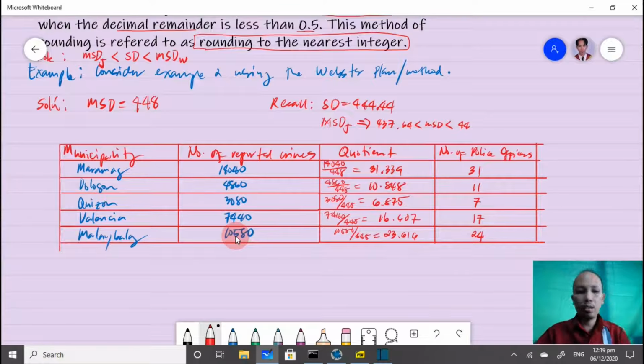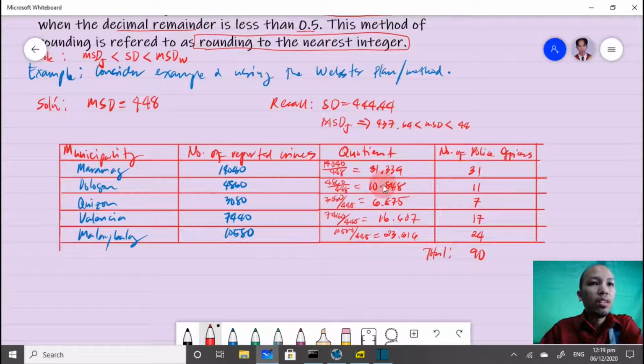Adding that up, we have 31 plus 11 plus 7 plus 17 plus 24, the result is 90 total. So our modified standard divisor is 448.